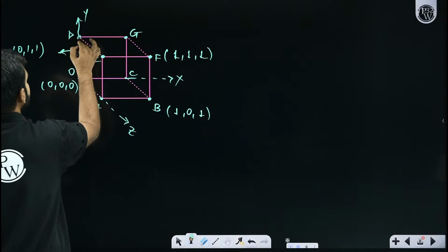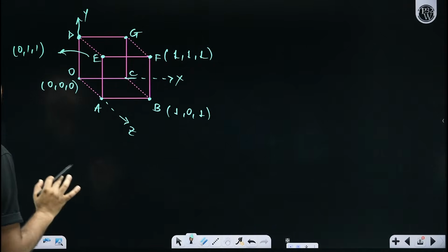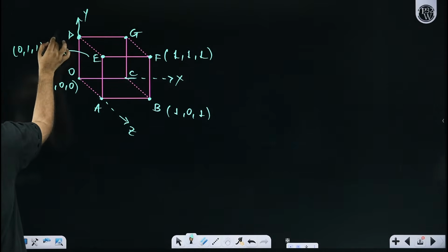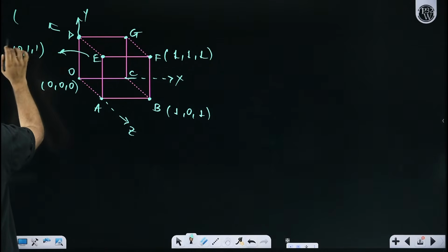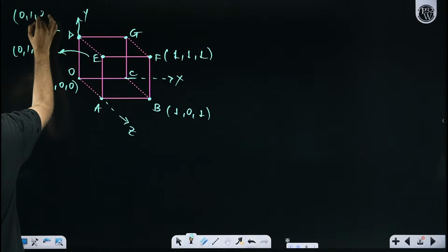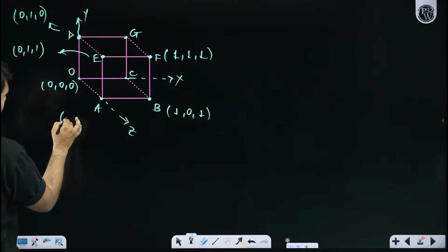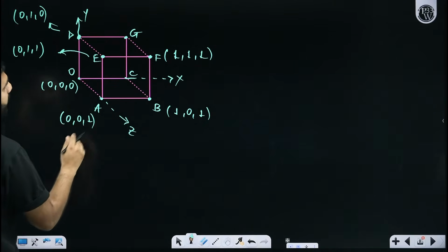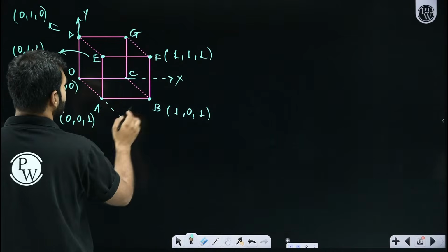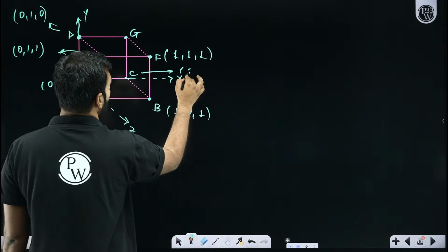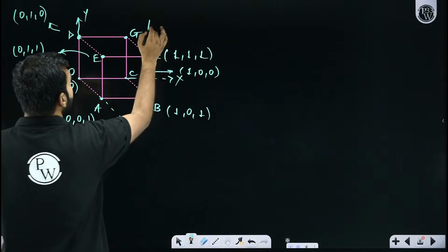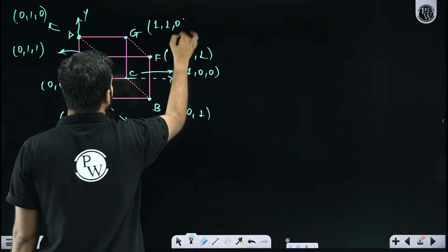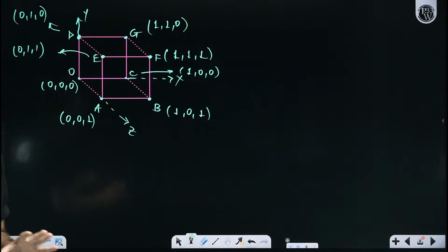D is on the y-axis, so its coordinate will be 0, 1, 0. A is on the z-axis, so A's coordinate will be 0, 0, 1. C is on the x-axis, so C's coordinate will be 1, 0, 0. And G is in the xy plane, so it will be 1, 1, 0.